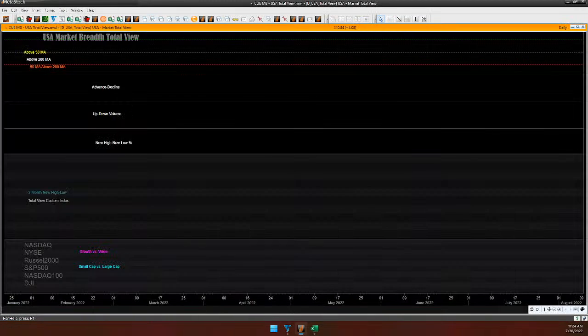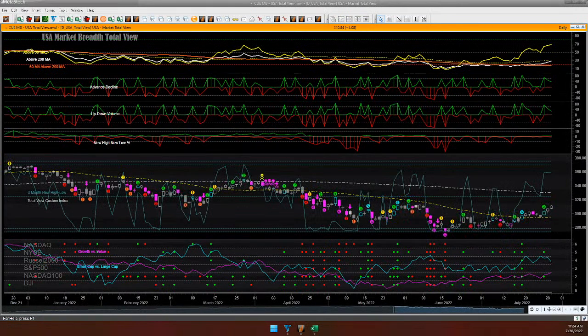Now let's look at the very useful market breadth total view. Remember, I think all the market ETFs displayed a bullish flow on Wednesday, and in the market breadth total view, we have a bullish accumulation count and one Eureka day on Wednesday.